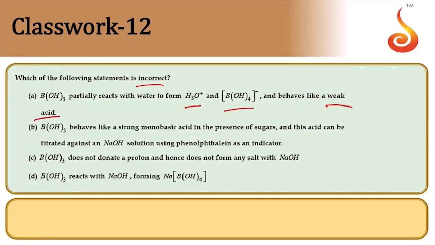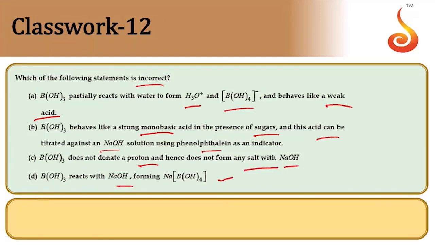Boron hydroxide behaves as a strong monobasic acid in the presence of sugars, and this acid can be titrated against NaOH solution using phenolphthalein indicator. Boron hydroxide does not donate proton, hence does not form any salt with NaOH. Boron hydroxide reacts with NaOH forming NaB(OH)4.